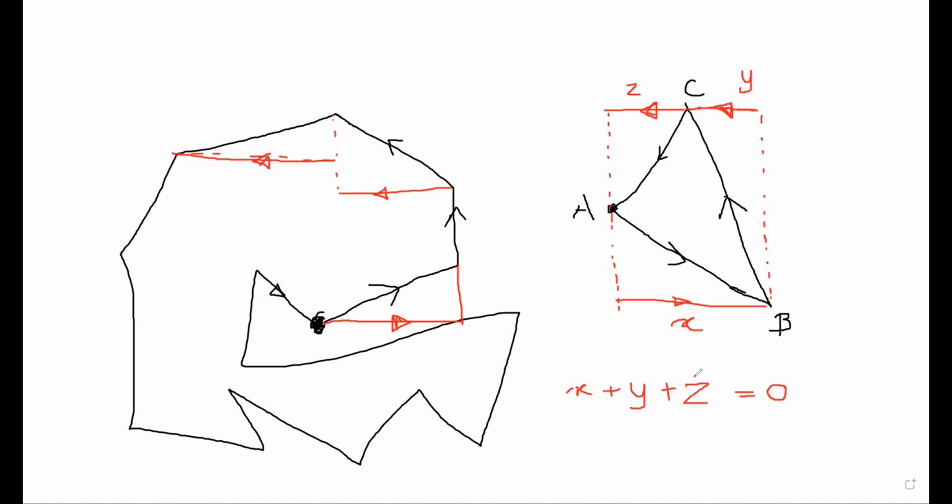That is 150 minus 100, where 100 is the actual or the expected. Here, the expected amount is 0 because we moved along a closed polygon and we finish at the same point. So your net displacement should be 0.